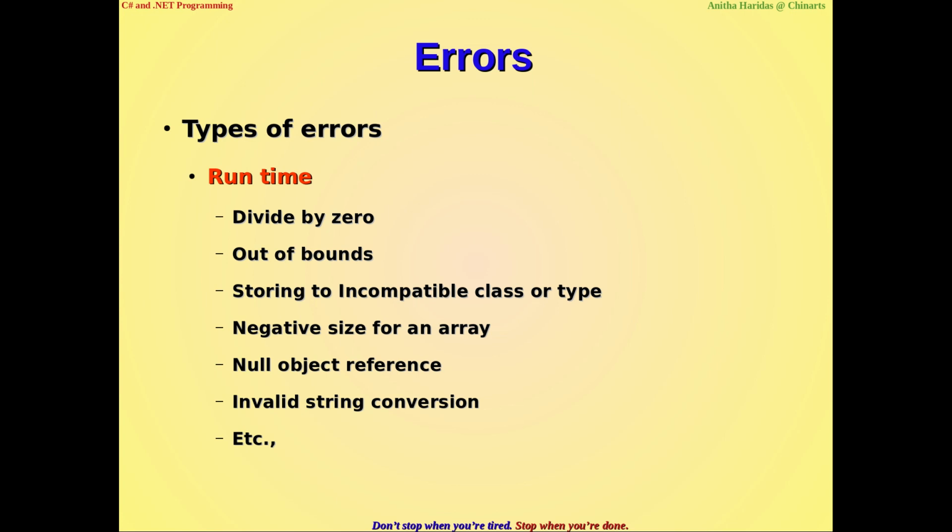There is no error in that particular statement. But when you execute the program, if the B value is assigned with 0, obviously you cannot divide the value of A by 0. In that case, you will get an error. So this error can be identified only during the execution. These kinds of errors which are found during the execution or runtime of a program are called runtime errors.